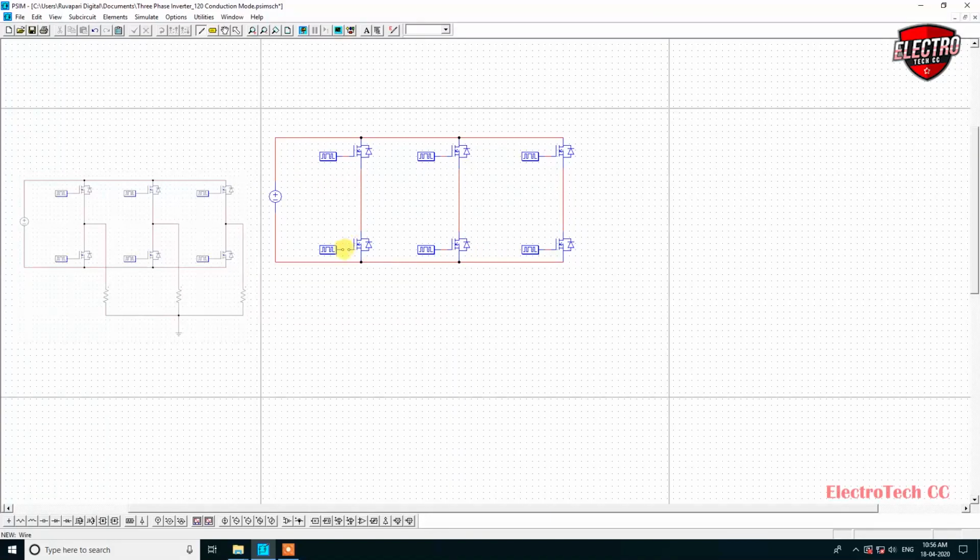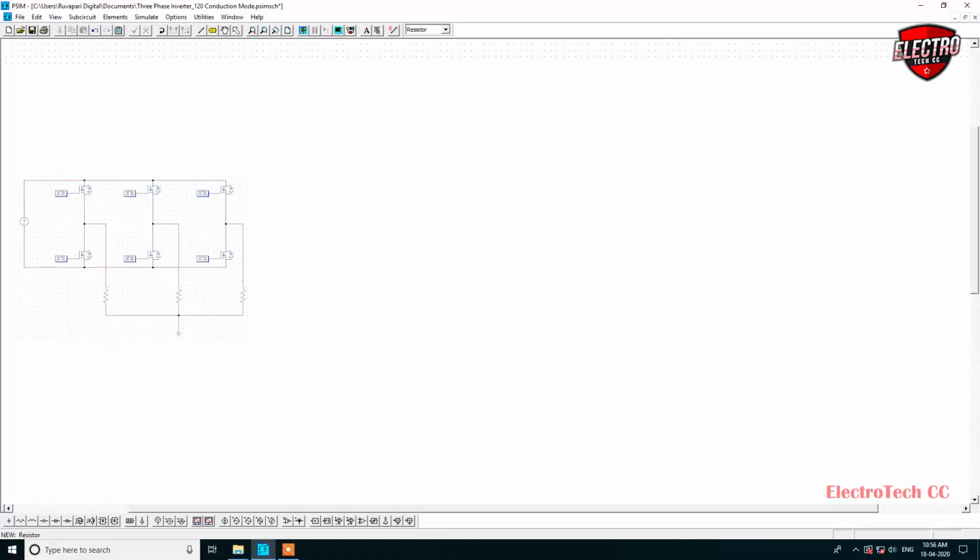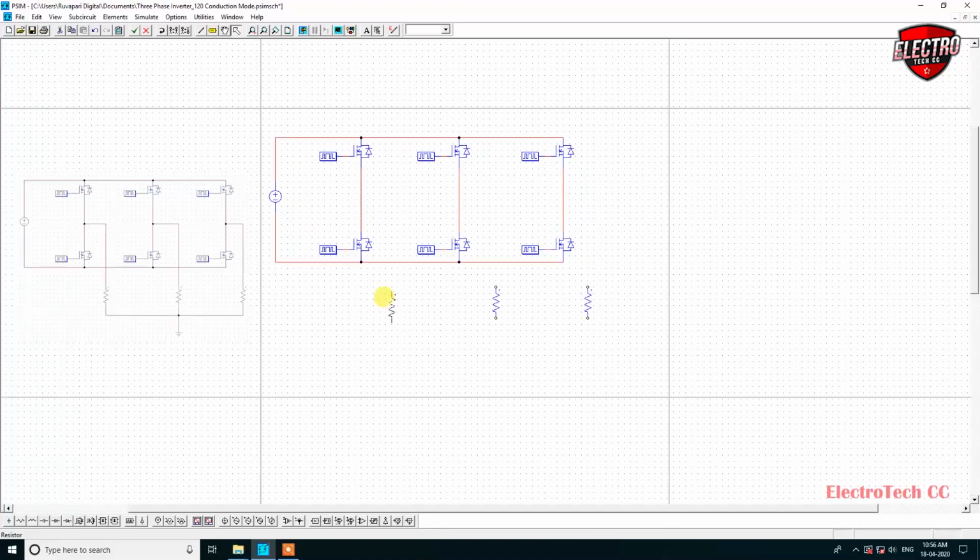As shown in the diagram, we have used a resistive load, so let us use the resistive load in a star configuration. Connect each link with a resistive load and make a star configuration.